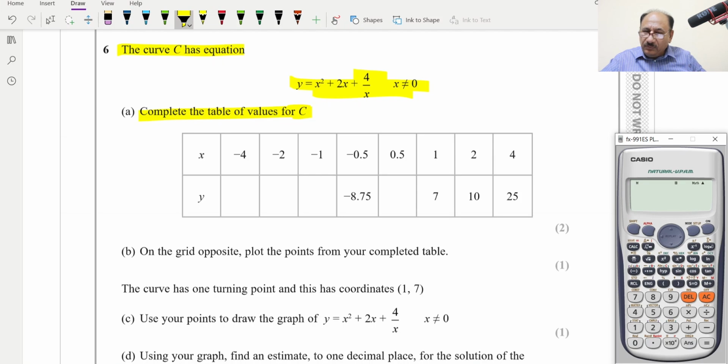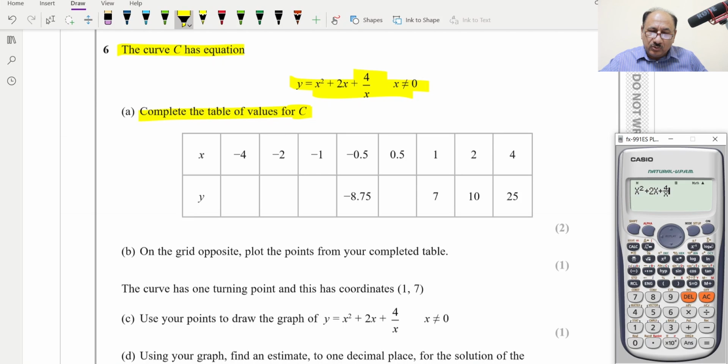So we will be typing this equation. So alpha x squared we have to write, so alpha x and squared and plus 2x, so plus 2 into alpha x, and plus 4 over x, so alpha x, and this will be equal, that's all.